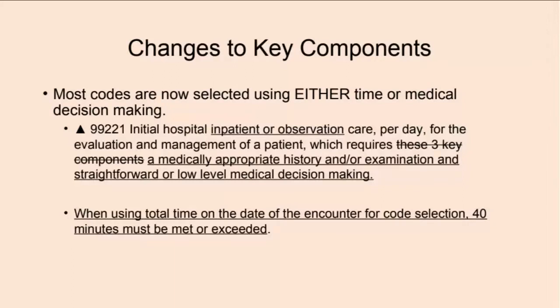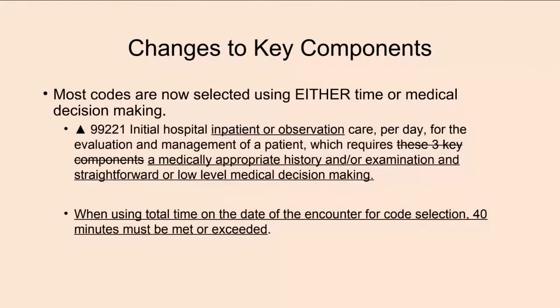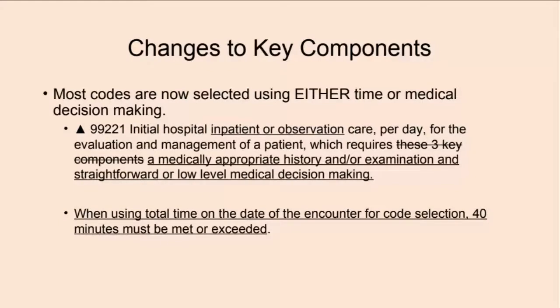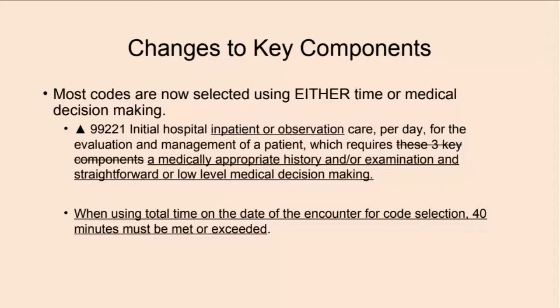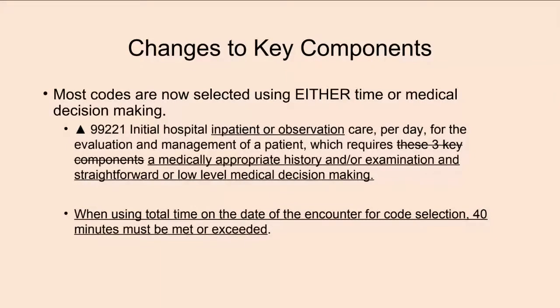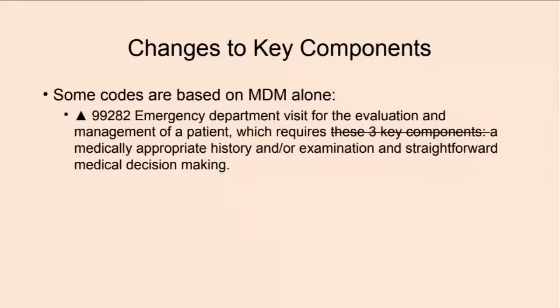Per day for the evaluation and management of a patient, which requires, no more key components, a medically appropriate history and examination, and straightforward or low-level medical decision-making. Total time, 40 minutes. So it's either straightforward or low-level medical decision-making or the 40 minutes. You can use one or the other, whichever gives you the higher level, according to what's documented for the specific patient.